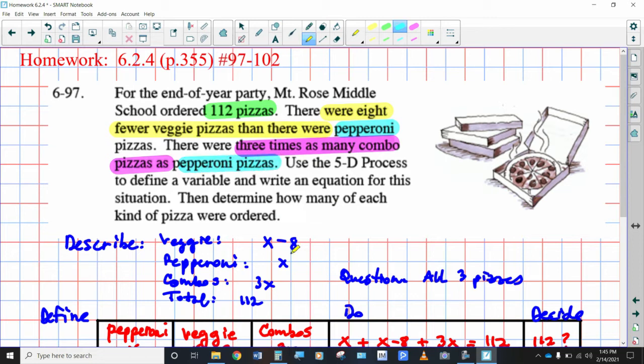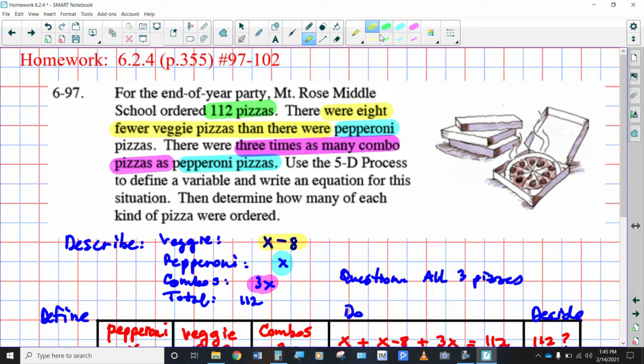So how nice is that? The pepperoni pizza is being compared to both the veggie and the combo. So we can make that our x. 3 times as many combo means that would be 3x, would be how we would define the number of combos. And 8 fewer veggie pizzas than pepperoni would mean that we would have to say x minus 8.